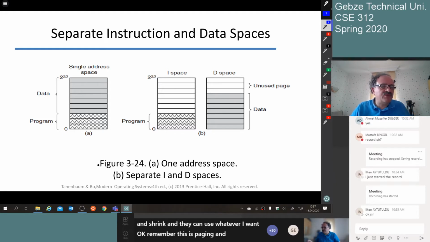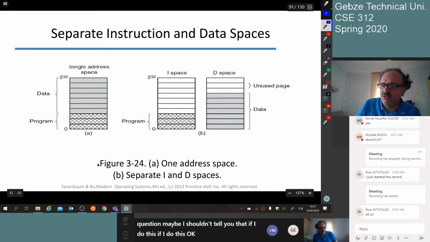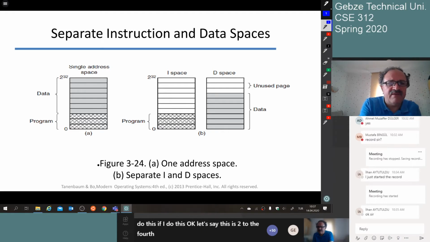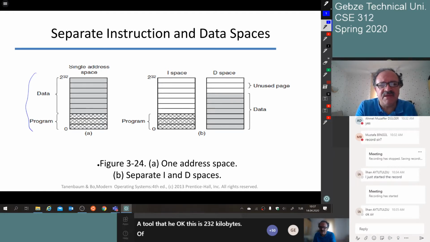Okay, question. Maybe I shouldn't tell you this. If I do this, let's say this is 2 to the 32. Okay, that means I have 2 to the 32 kilobytes of linear space for me.